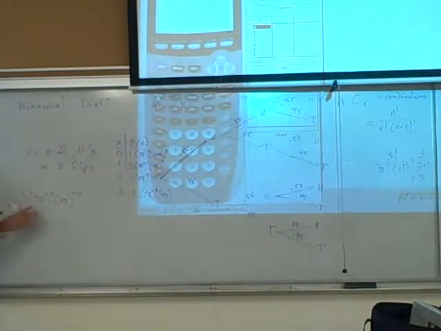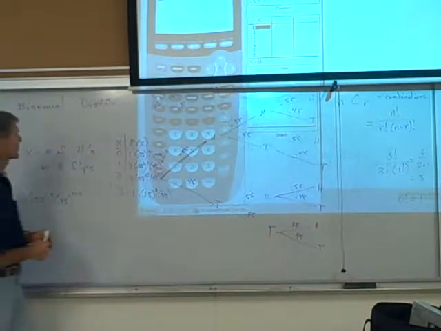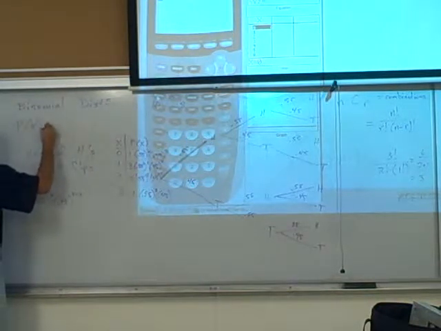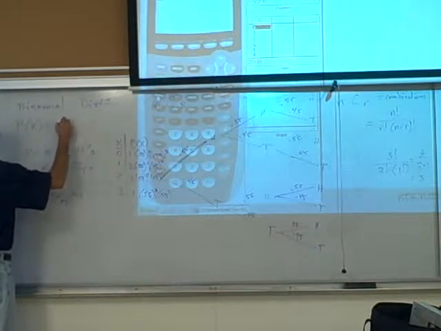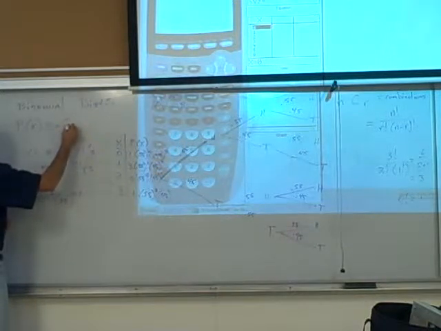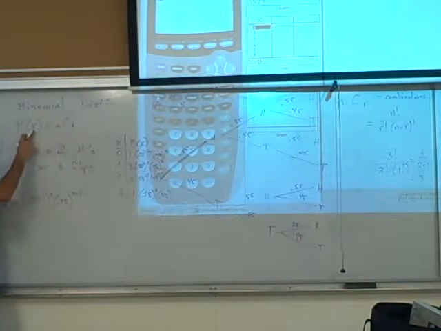So in real general terms, the binomial probability distribution function is P of x equal nCx. The calculator uses an r, but it's whatever number, however many heads you want, and I'm calling that x.